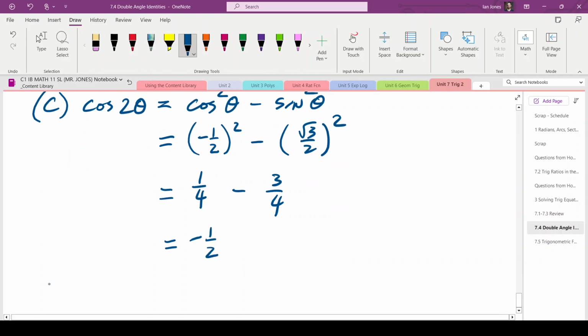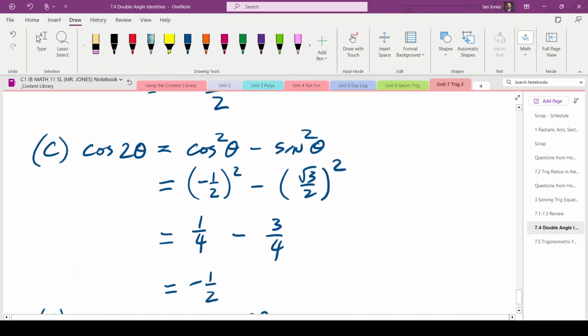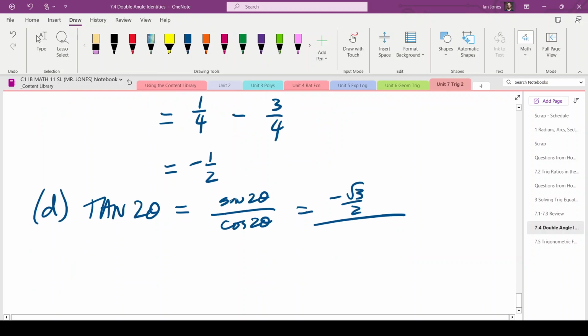There we are. D, tangent of 2 theta. Well, that's just going to be sine of 2 theta divided by cosine of 2 theta. Sine we already got is negative root 3 over 2, over cosine we just got, that's negative 1/2. Keep change flip. Let's just ignore the negatives already.